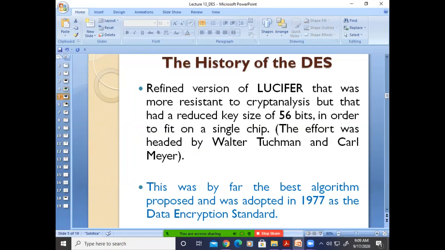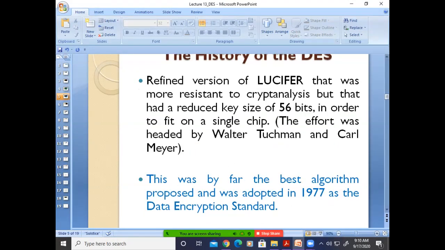After that, there was a refined version of Lucifer, which uses a key size of only 56 bits, to fit on a single chip. That is, reducing the design, the circuit design, to fit on a single chip. This refined version was headed by two scientists, Walter Tuchman and Carl Meyer. In 1977, this refined version of Lucifer was adopted as the Data Encryption Standard.